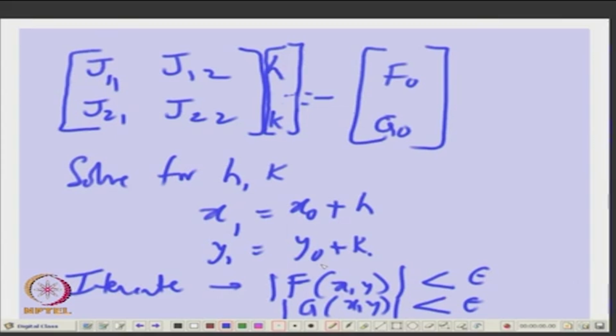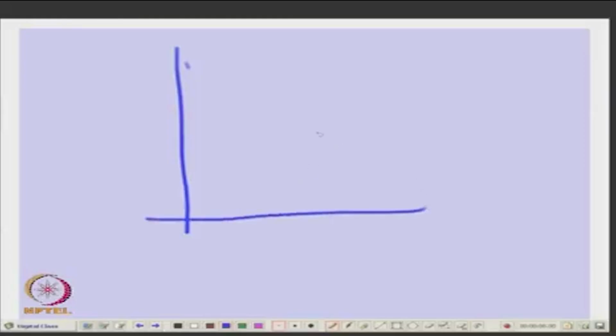So, what you do is you have these equations, assume an initial value, and try to find out the step, so that the value will get added by that step, which can be plus or minus. Finally, you would like to see that the function, you are having some value, let us say f g, for different values of x y.